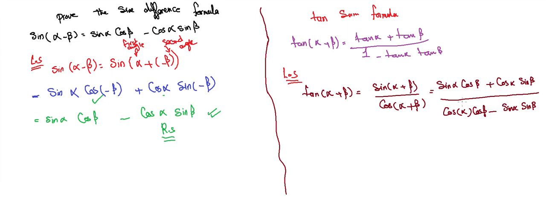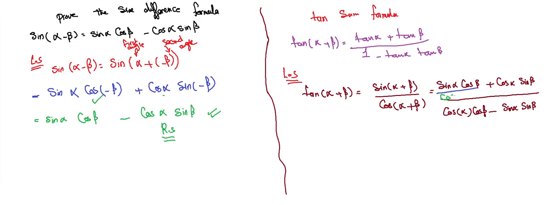Okay, so we are going to divide the whole equation by what? Here I have sine, so I want to remove cosine. So what do you think? I have sine here, so I need cosine.